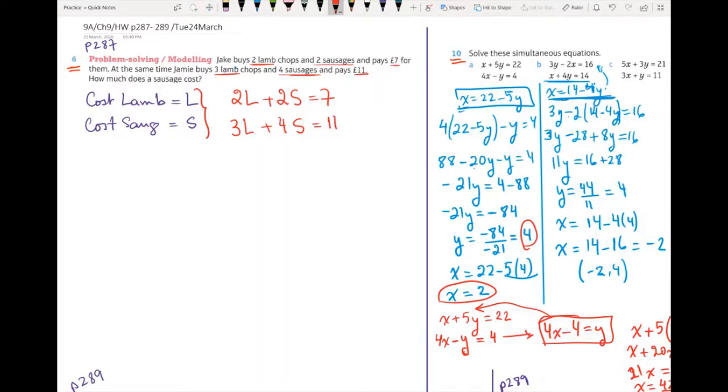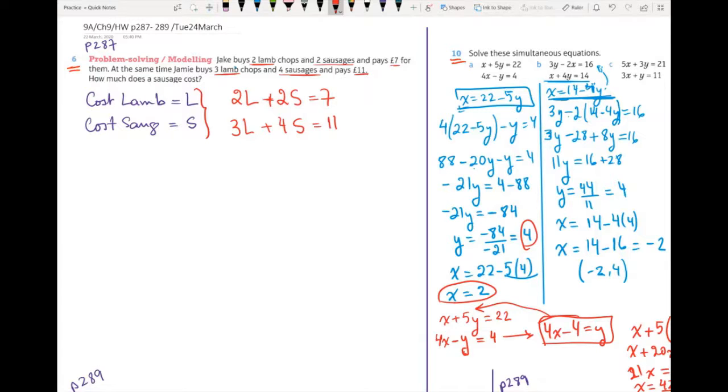Now here we need to use the method of elimination in order for us to find the answer. The method of elimination goes like this. We need to eliminate one of these variables, either the L or the S, and in order to eliminate them we need to have the same coefficient with opposite signs.